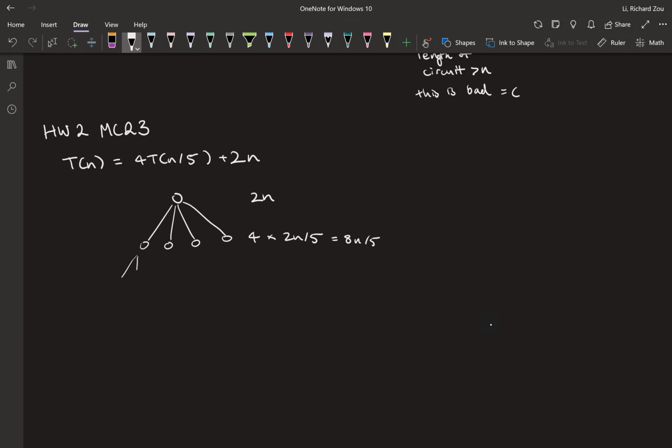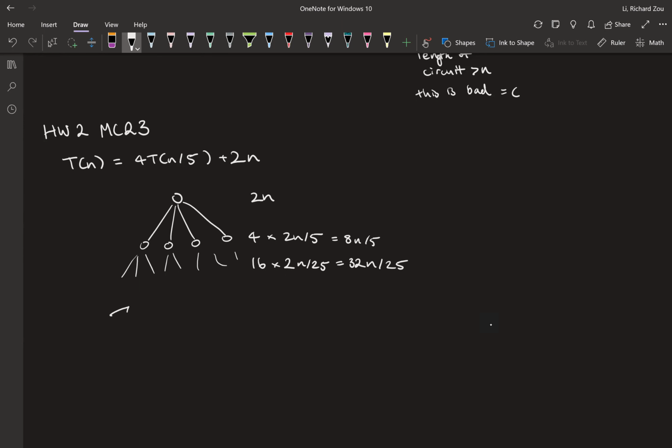Each of these children goes down 4 times, and so we have 16 times, and at that point we've done n over 25 times 2, which should give you 32n over 25. And at this point, let's see if we can find a pattern. 2n, 8n over 5, 32n over 25.